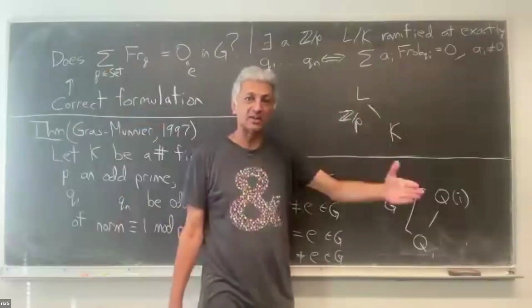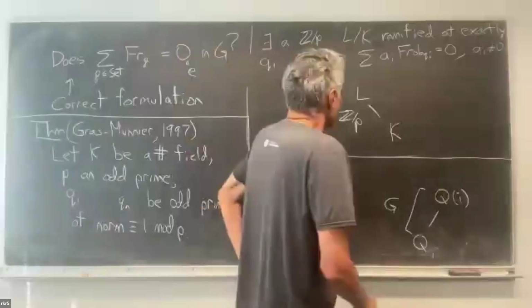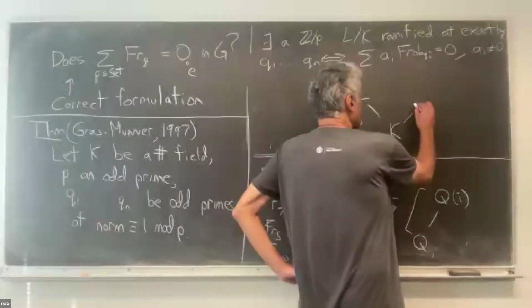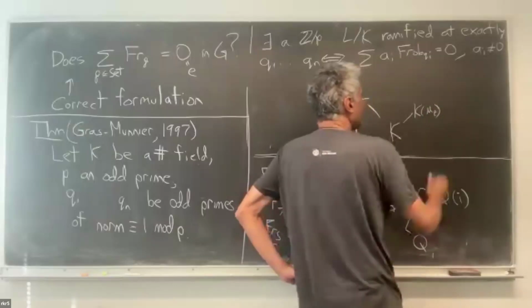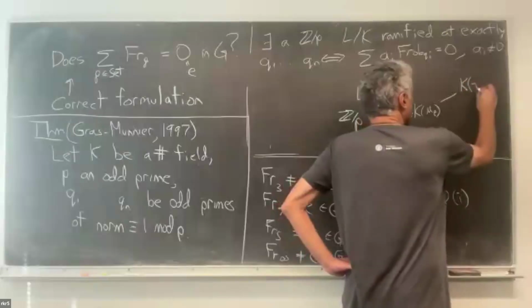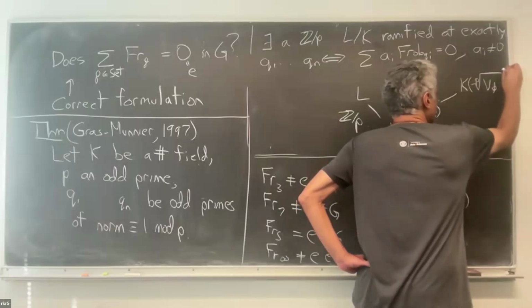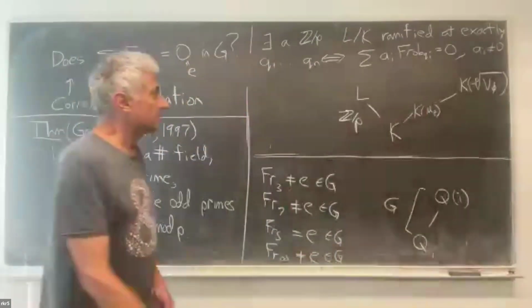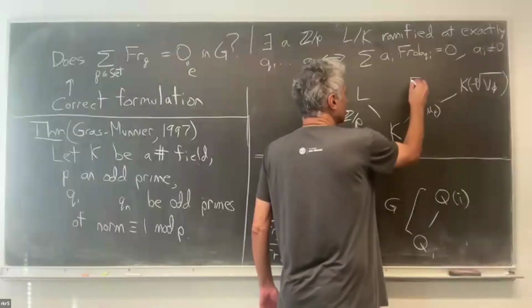So that's why it had to be a sum. But now we have a little bit of room to move around. And what's going to happen is we're going to add in the pth roots of unity. And then we're going to add in the pth roots of something called the empty set, which you may or may not have seen. And my Frobenius elements are going to be living in this group.